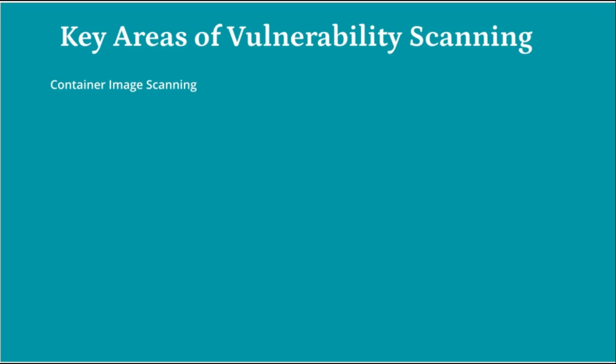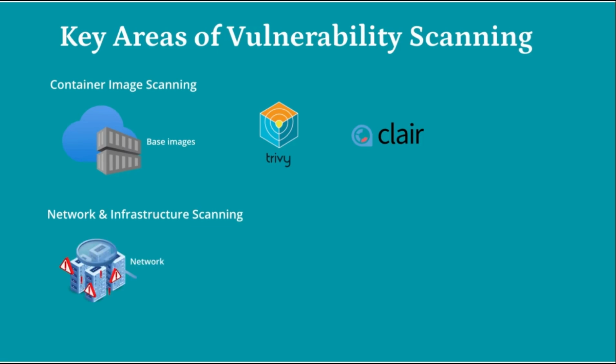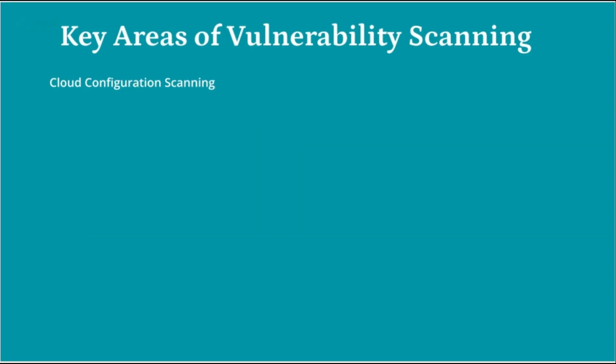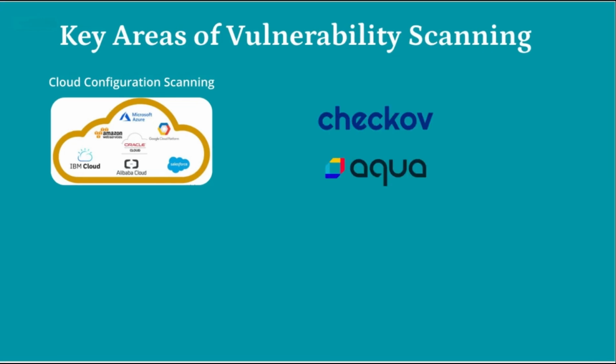Container image scanning. Detects insecure base images using Trivy and Clair. 4. Network and infrastructure scanning. Scans networks for security risks using Nessus and Qualys. 5. Cloud configuration scanning. Ensures cloud environments follow security best practices with Checkov and Aqua Security.